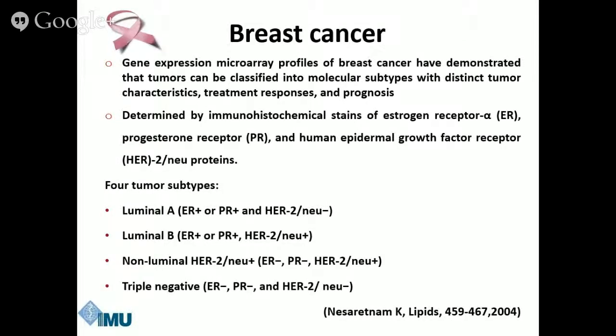So, gene expression microarray, as I have said, there is a group in our university. They have tried it. Gene expression microarray profiles of breast cancer have demonstrated that tumors can be classified into molecular subtypes. Because they can be identified in molecular subtypes, this group in our university has tried to target these genes to treat the cells, and maybe in the future develop a drug to treat cancer or as a prevention.